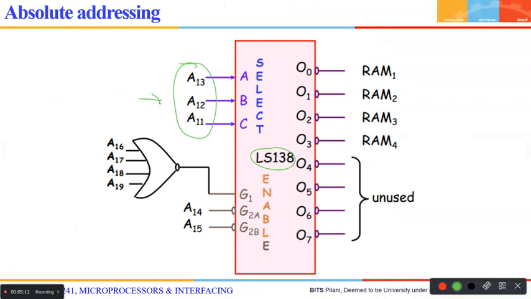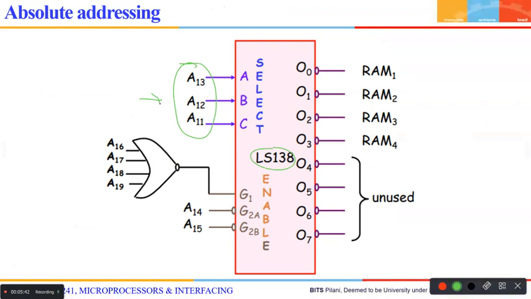To enable this particular decoder logic, you need to give proper inputs: G1 has to be 1, G2A has to be 0, and G2B has to be 0.